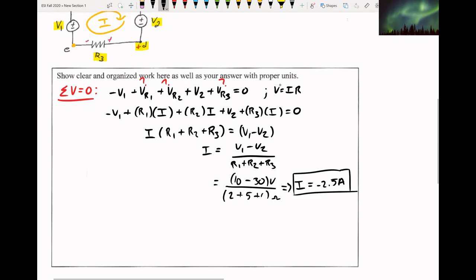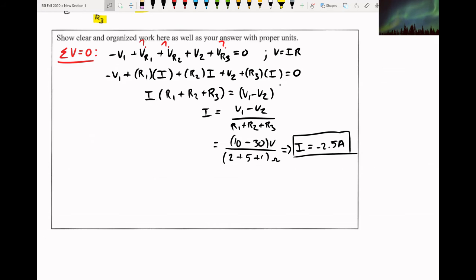And now what we can do is we can go back through and do the same process where we sum the voltage is equal to 0. And now what we'll do is we'll call VDA an actual point. So what does that look like?